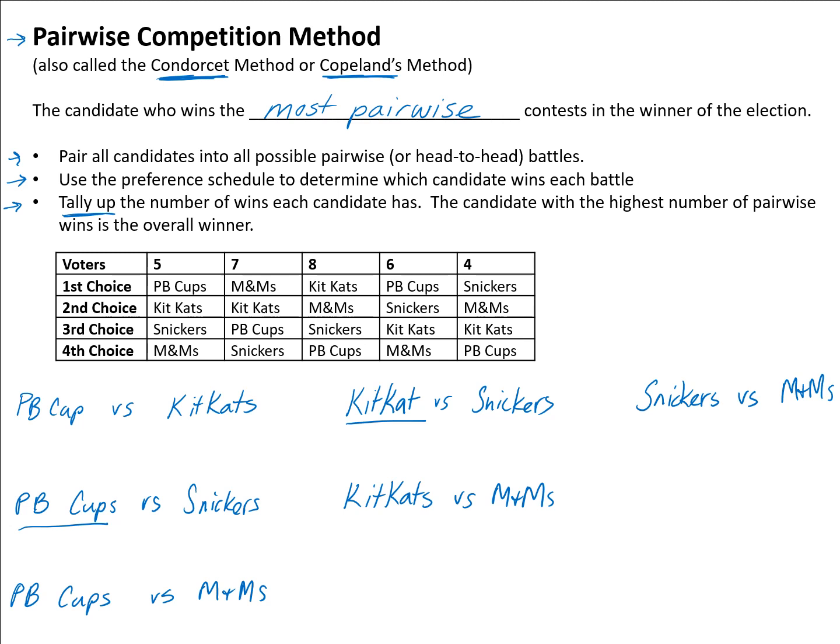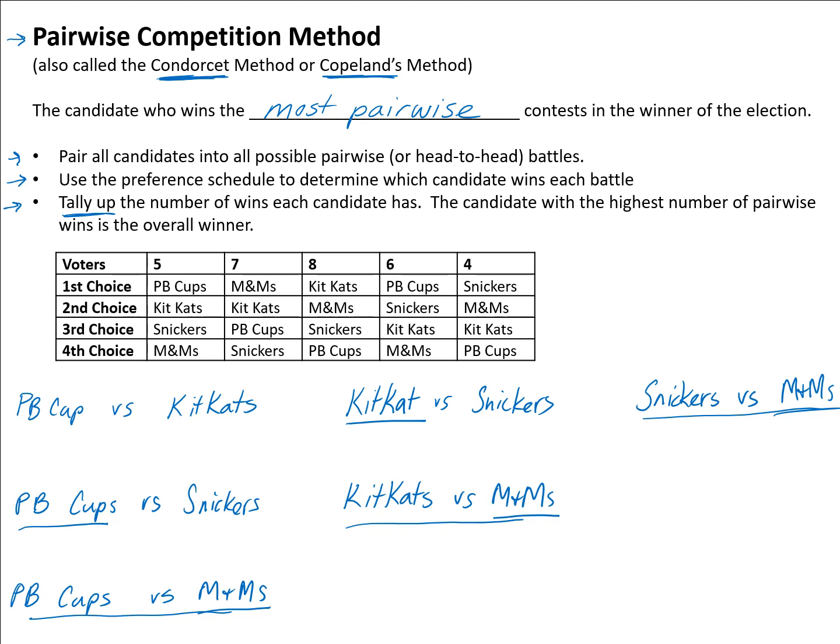At this point, you might look at M&M battles. But M&Ms are already shown as battling everyone. M&Ms are battling peanut butter cups, Kit Kats, and Snickers. So as you list them out, starting with one column of peanut butter cups and then the next column of Kit Kats and the next column of Snickers, you will have one less battle in each progressive column.